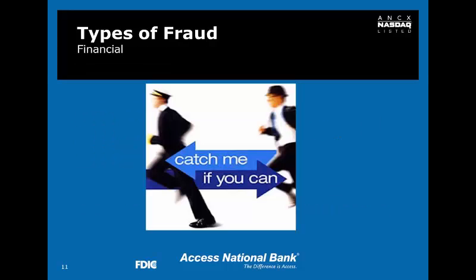So a lot of you are probably familiar with Catch Me If You Can. It was a movie with Leonardo DiCaprio and Tom Hanks, where this gentleman portrayed himself as a fraudster and had the ability to manufacture checks so that they would look like they came from American Airlines, another bank, a doctor's office, and he would go through and whitewash the checks.